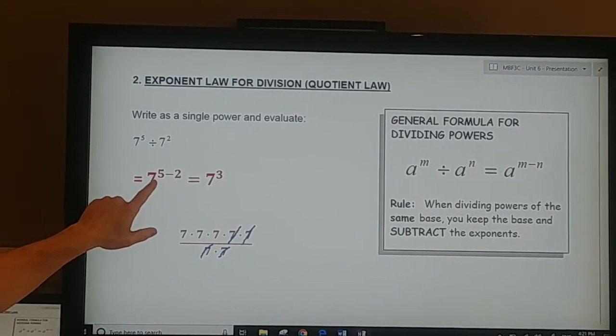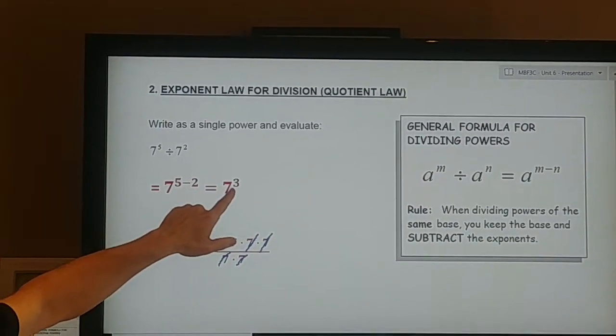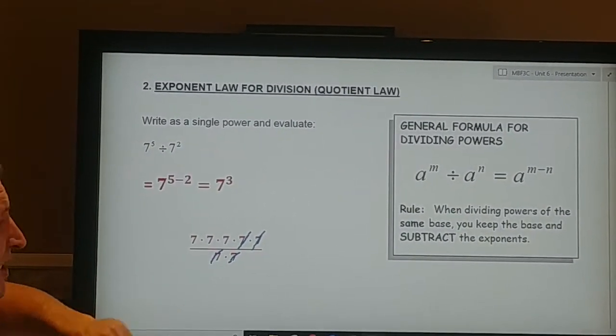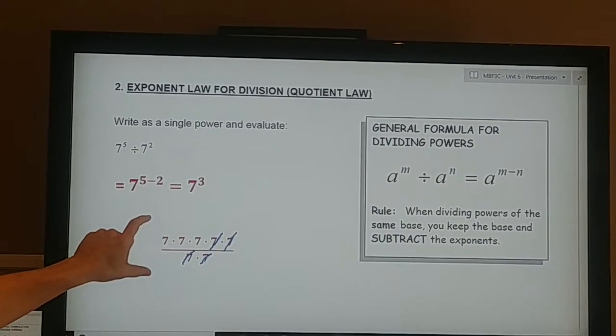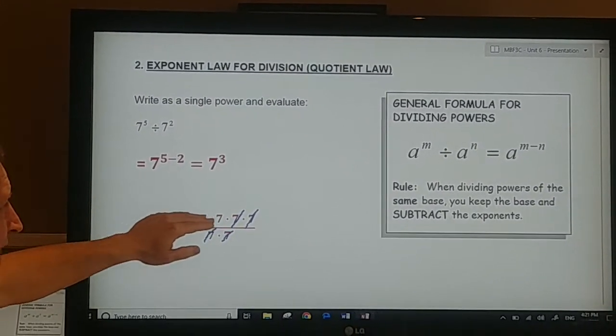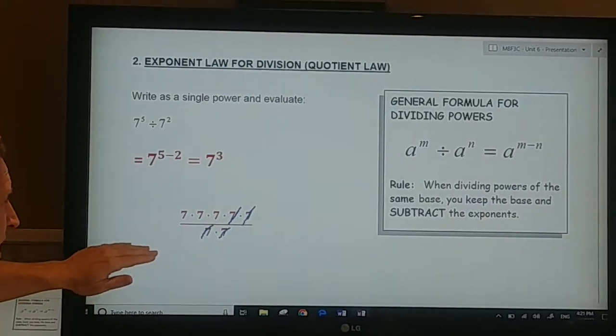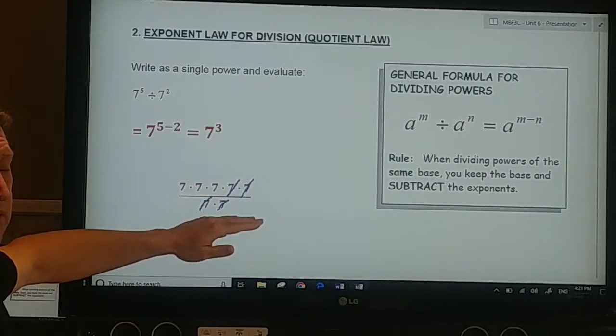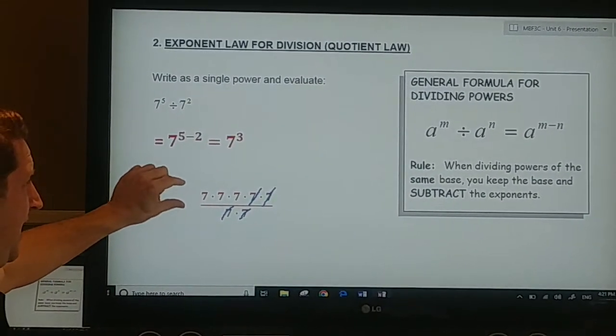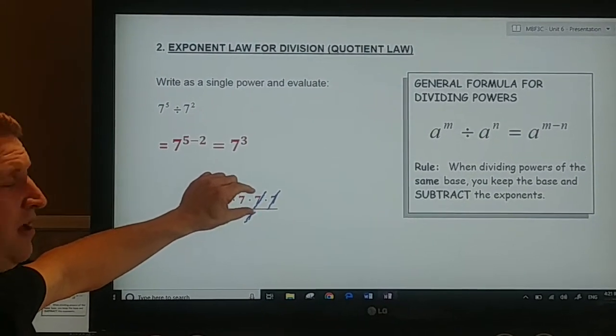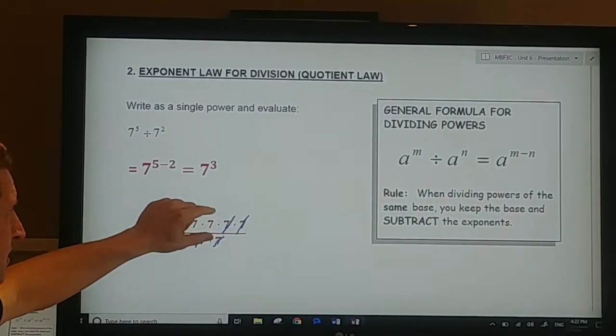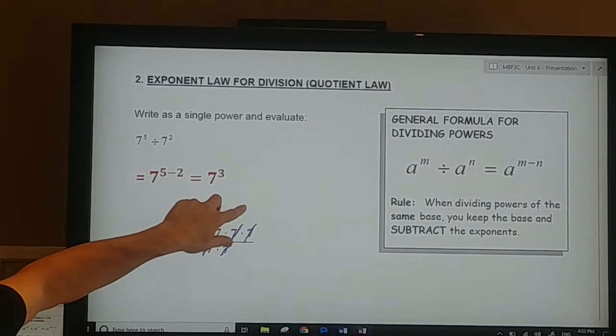So it's simply 5 take away 2, which is 7 to the 3. Now previously you might have learned this as expanded form, which is writing out all 5 of the 7s in multiplication, both of the 7s on the bottom, and then simply canceling out. But in the end, it works out the same. But again, rather than expand this, it's much easier to leave it in the simplified form.